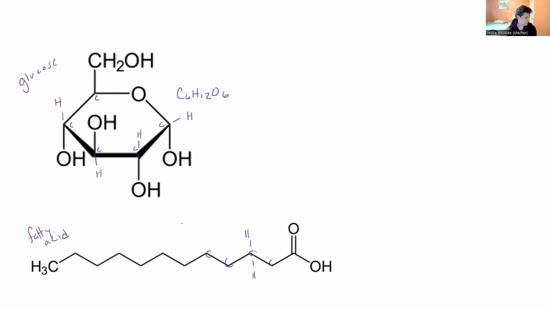What I want you to notice, though, is that in the glucose molecule, let's focus just on glucose for the moment, we see a lot of C-C and C-H bonds. This should be familiar to you from biology or chemistry. These are nonpolar bonds. Nonpolar bonds are less stable, and that means they have more energy.